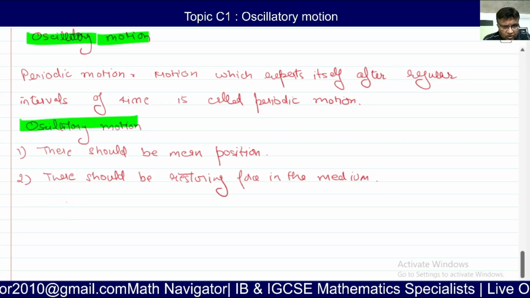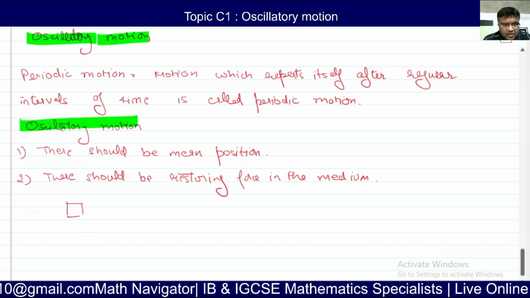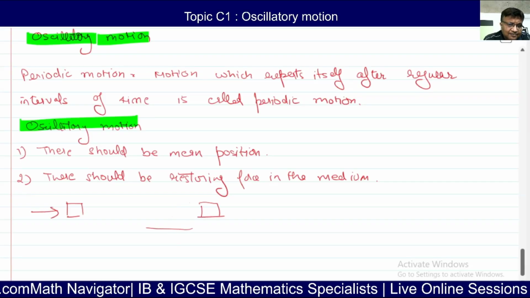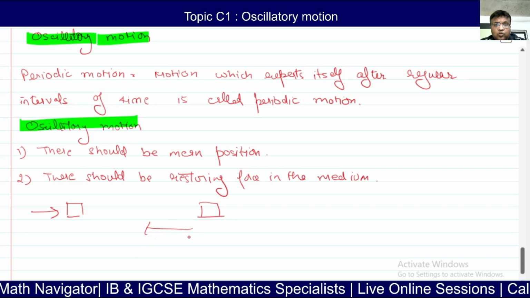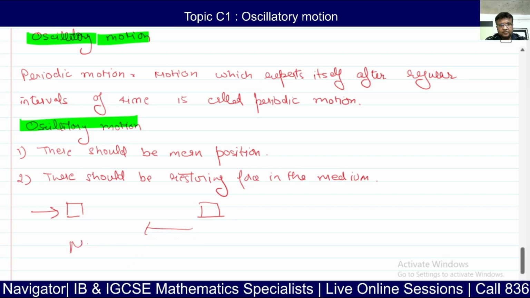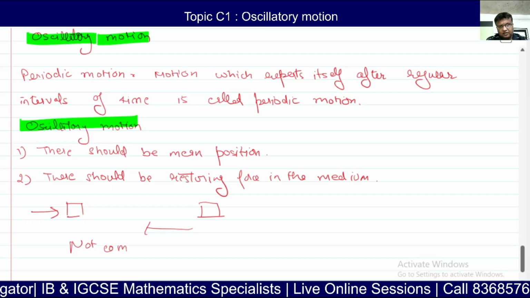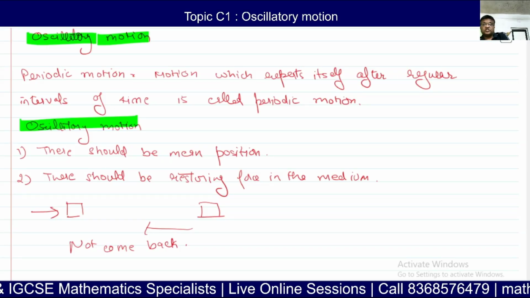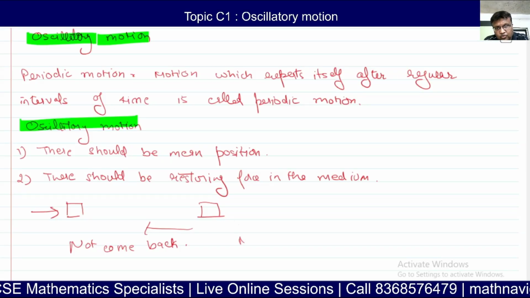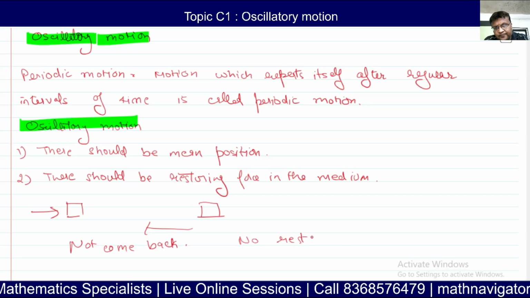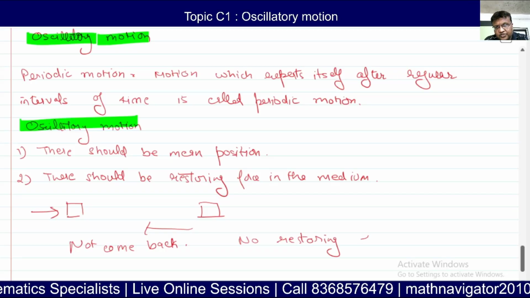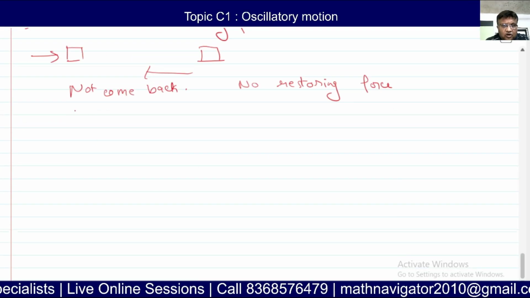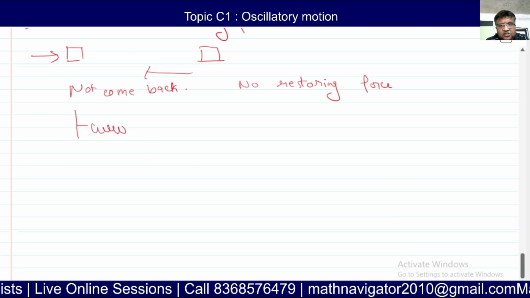Let's say this is a block. If you push this block, it will go here. But will it come back? No, it will not come back. Why? Because there is no restoring force which can bring it back. Just imagine if this block was attached to this spring.